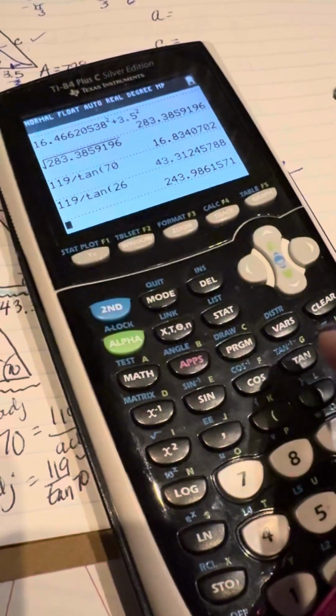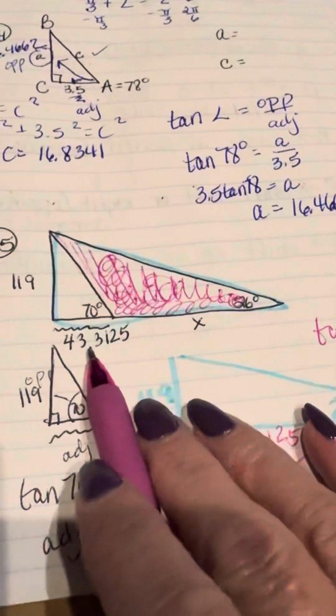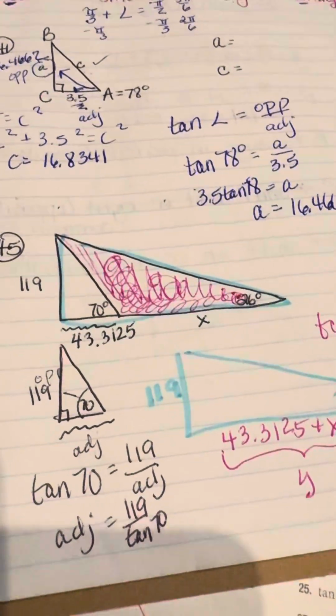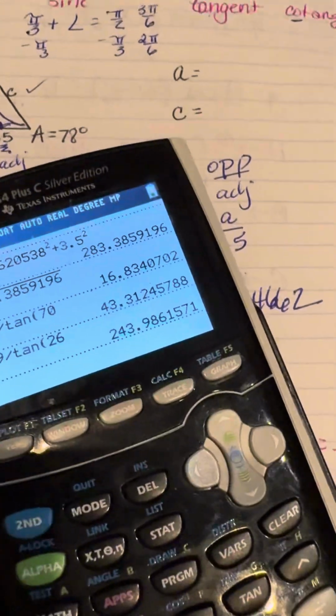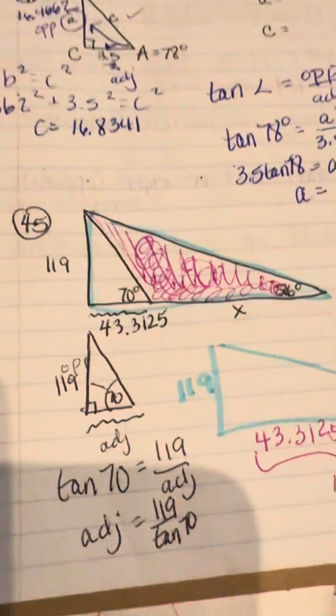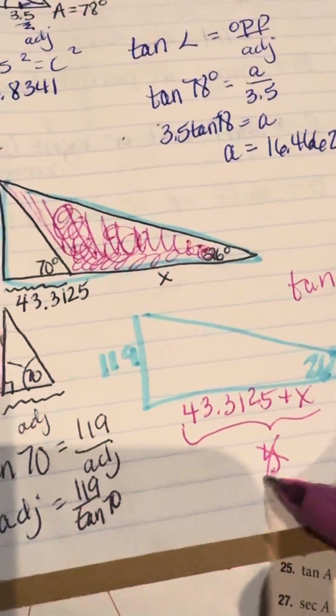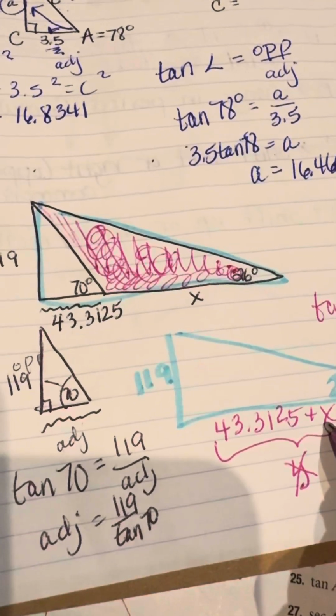So that whole piece, y, is equal to 243.98... But I don't want this whole thing. I don't want y. I only want x.